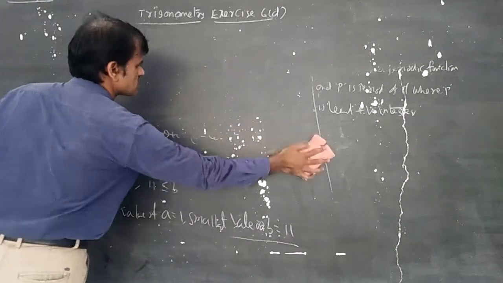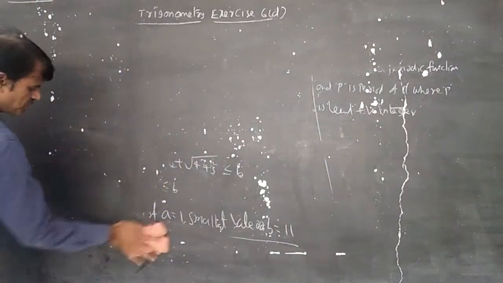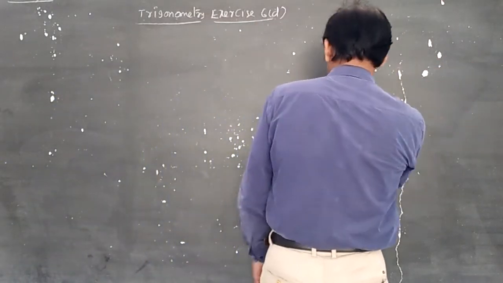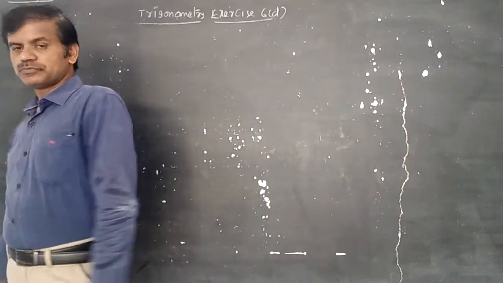You can revise the concept of exercise 6b. And for tan x and cot x, the period is pi.